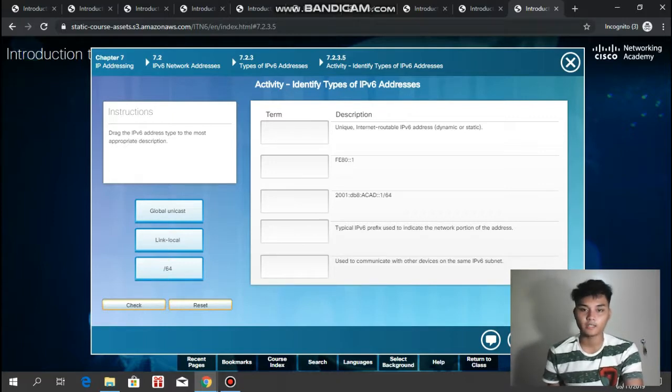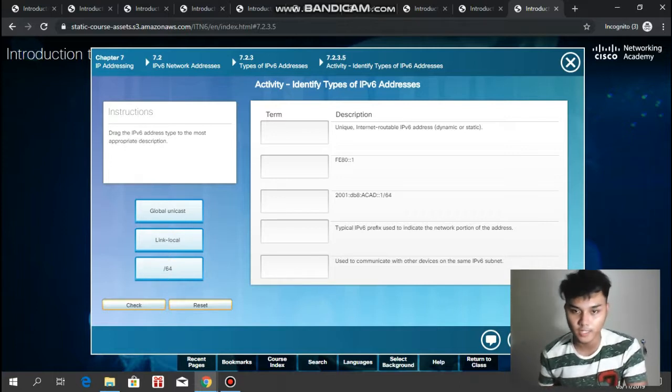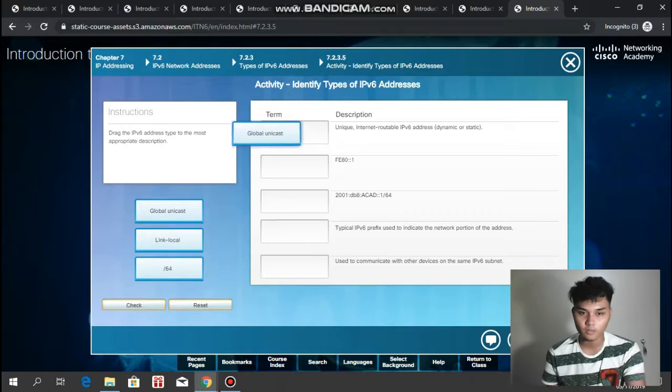The activity is entitled Identify Types of IPv6 Address. We have to drag these 3 to these 5 questions. Unique, internet routable IPv6 address, dynamic or static, is global unicast.